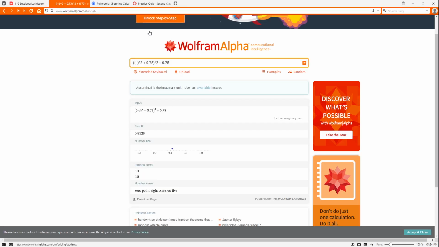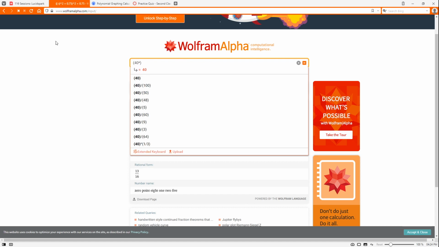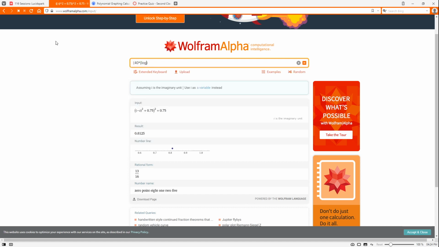Where's my mouse gone? There it is. Okay, it is 40. I'm going to put this in brackets. 40 times the log of X squared minus 10 times 5 times the log of X cubed, all then over 100.